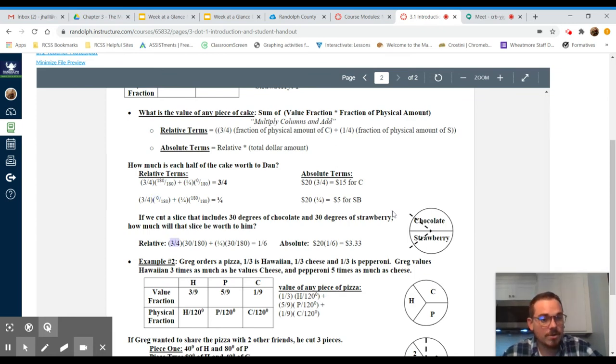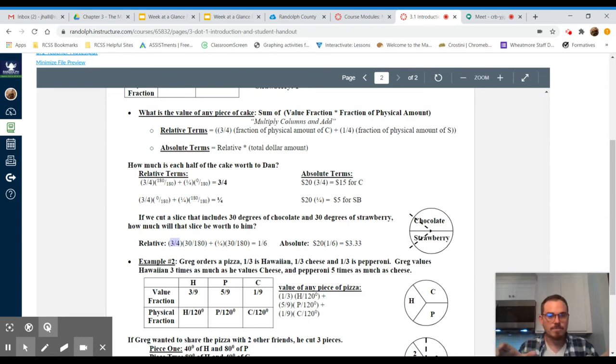Now we know the chocolate is 30 degrees out of 180 plus 1/4 times the 30 degrees out of 180 because that's the strawberry. Add those two together, and what do you get? You get a sixth. So 1/6 of the value of the entire cake is if I had a 30-degree piece of chocolate and a 30-degree piece of strawberry.